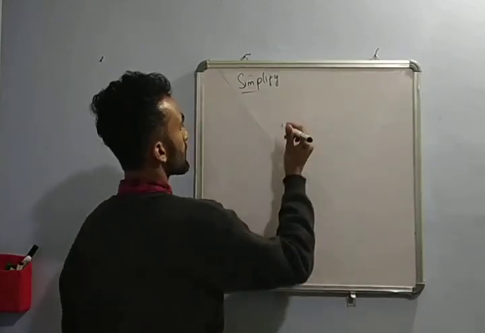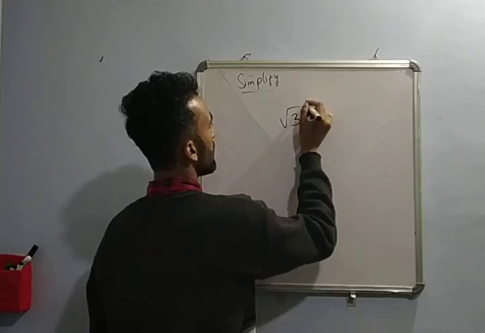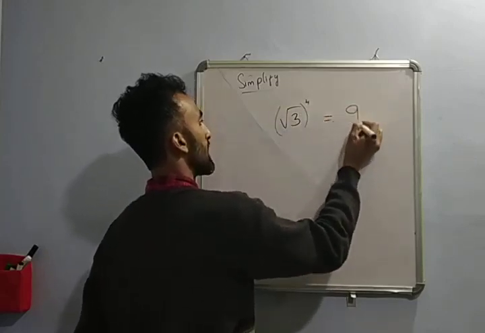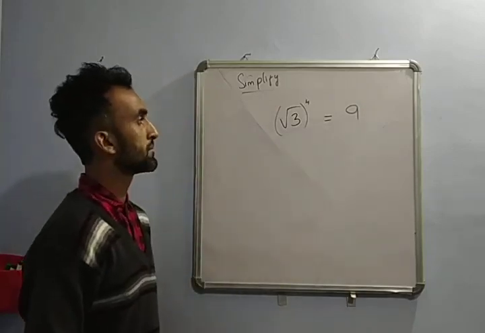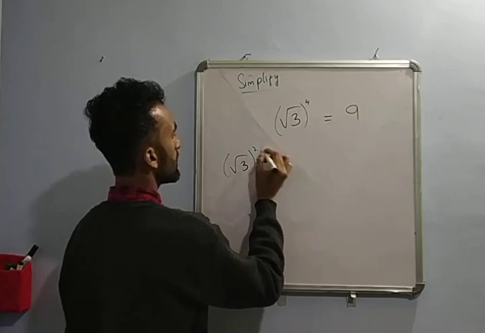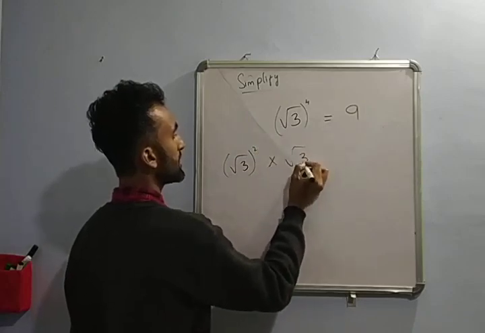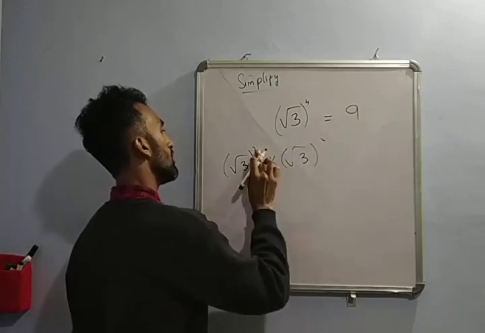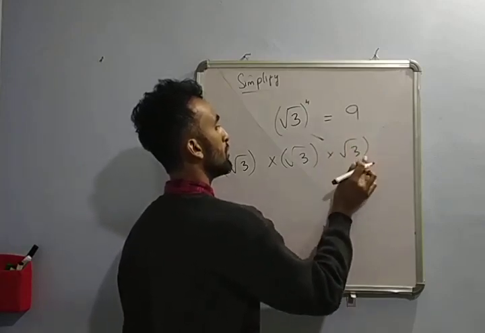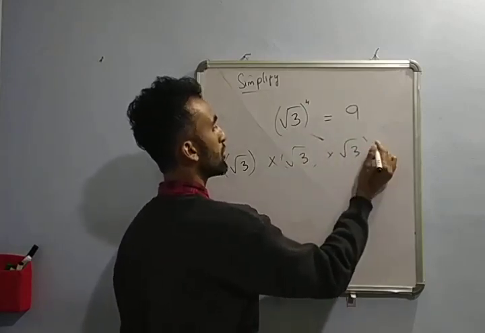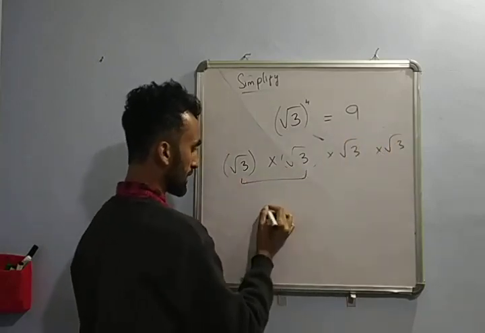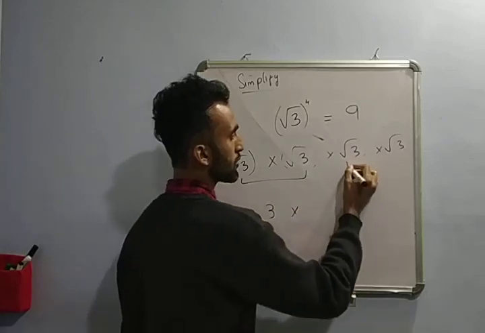Now tell me, suppose I say root 3 to the power 4. Root 3 to the power 4, the answer is nothing but 9. Root 3 to the power 4 means root 3 square into root 3 square. I can write it like this. Or you can multiply root 3 four times. Root 3 two times will give you 3, into another root 3 two times.